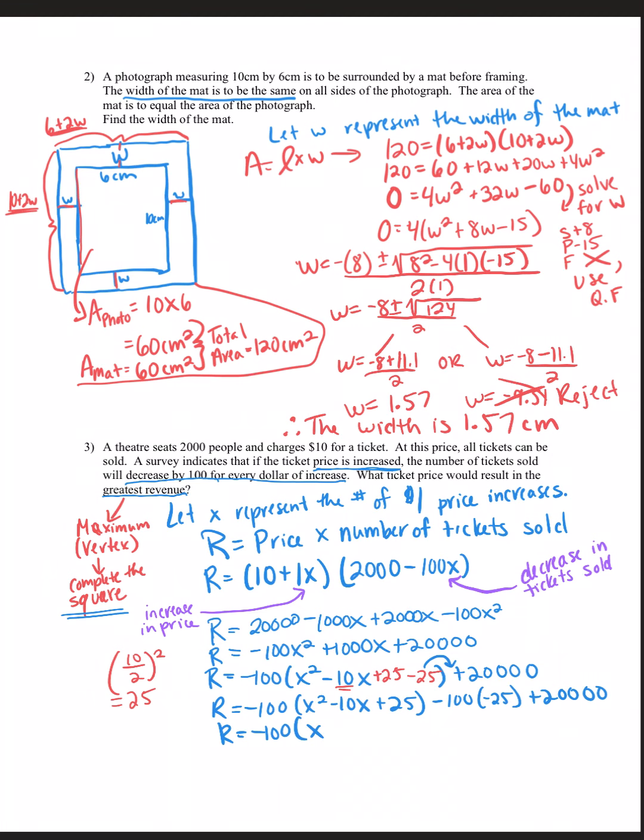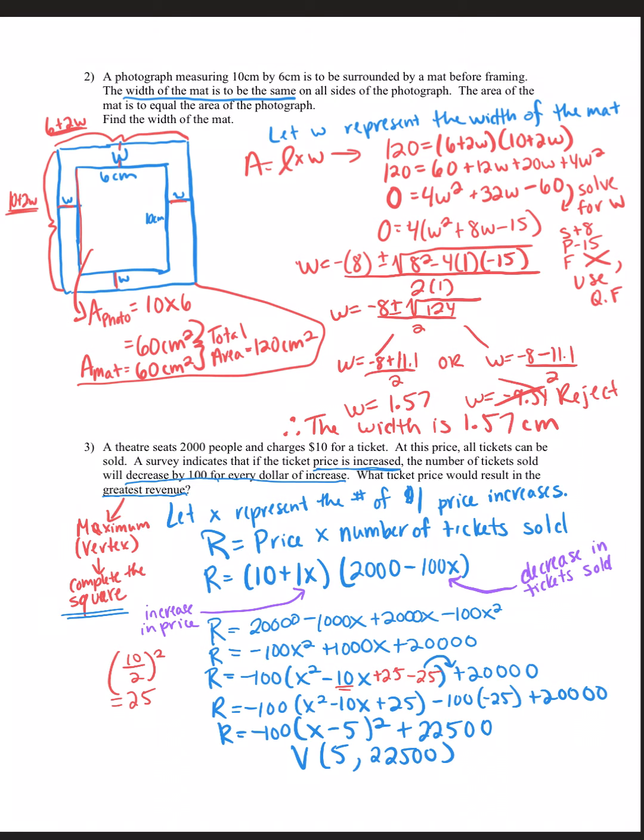We should get x minus 5 squared. And then if we combine everything on the outside, a negative 100 times a negative 25 is a positive 2,500, plus our 20,000. We're going to have positive 22,500. So we could say our vertex is at 5 and 22,500.